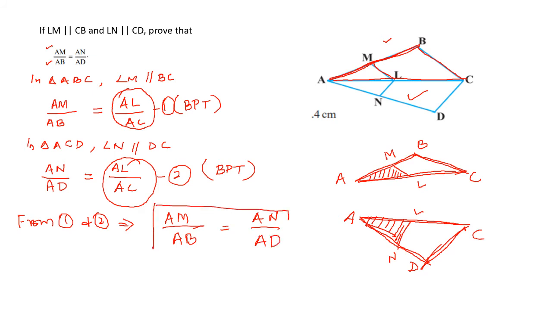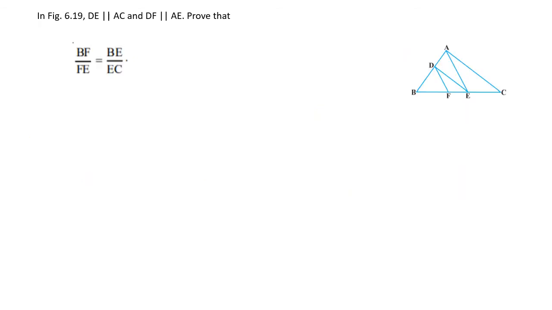This is what they have asked us to prove: show that AM by AB equals AN by AD. We have proved it. It is very simple. But this time we are taking the small triangle and big triangle instead of the small portions of the sides. We are taking the two complete triangles, so you have to be clear about that.